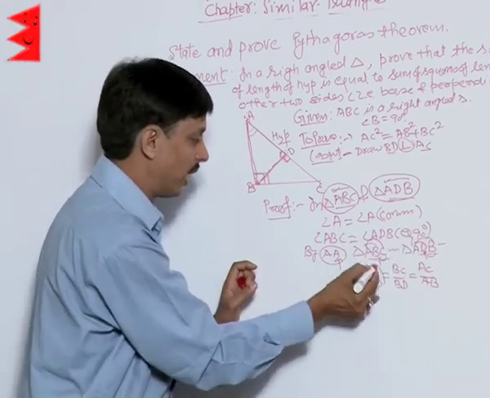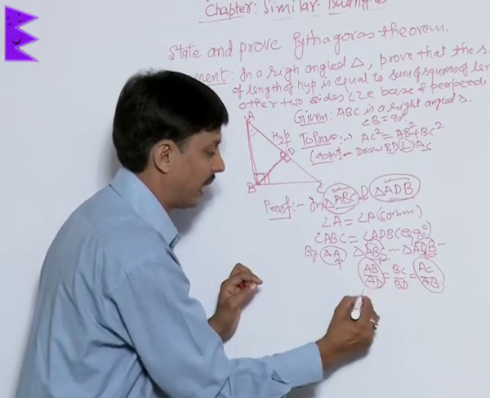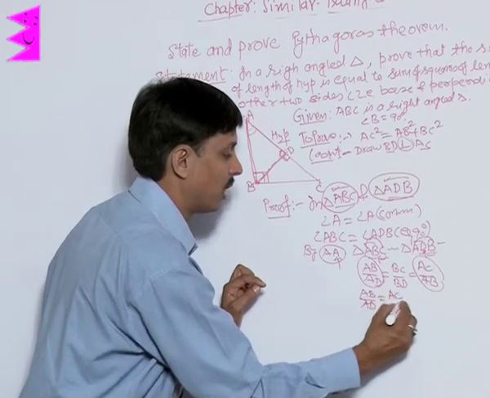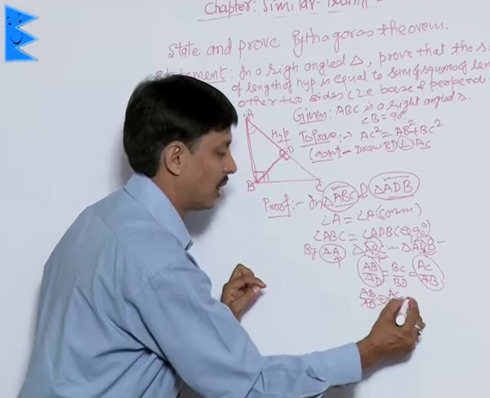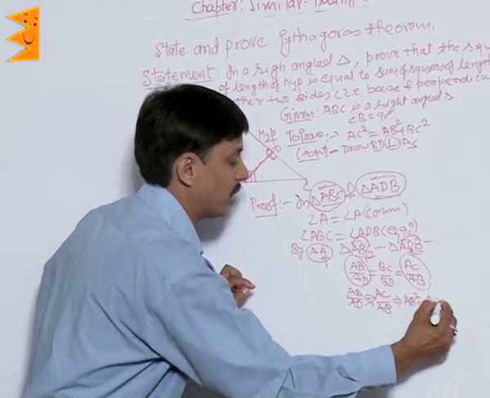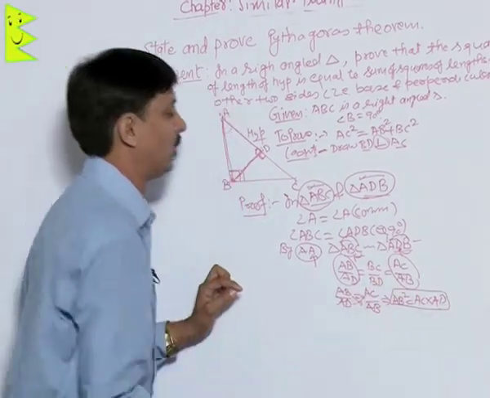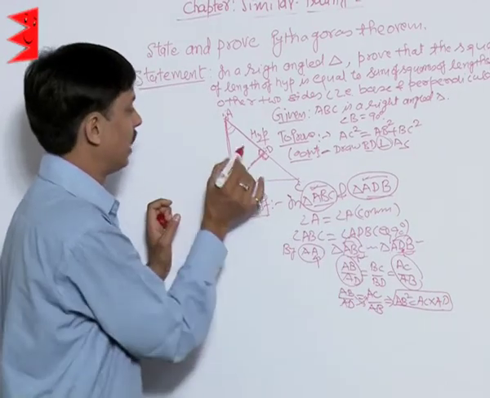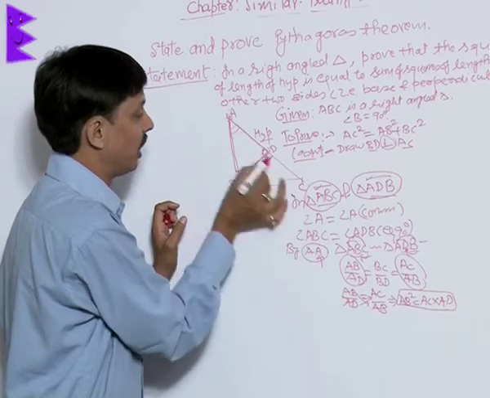If I take the first and third ratios, I will find that AB upon AD is equal to AC upon AB. On cross multiplication, we will find AB square is equal to AC into AD. This is one of the conclusions we have taken with the help of the similarity, that is AB square is equal to AC into AD.